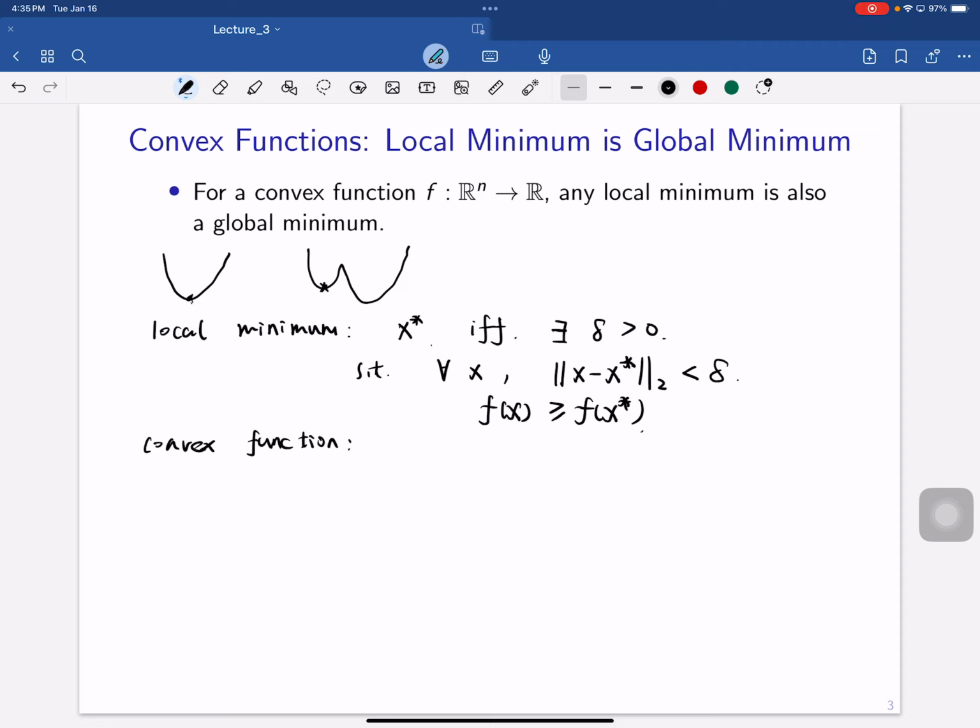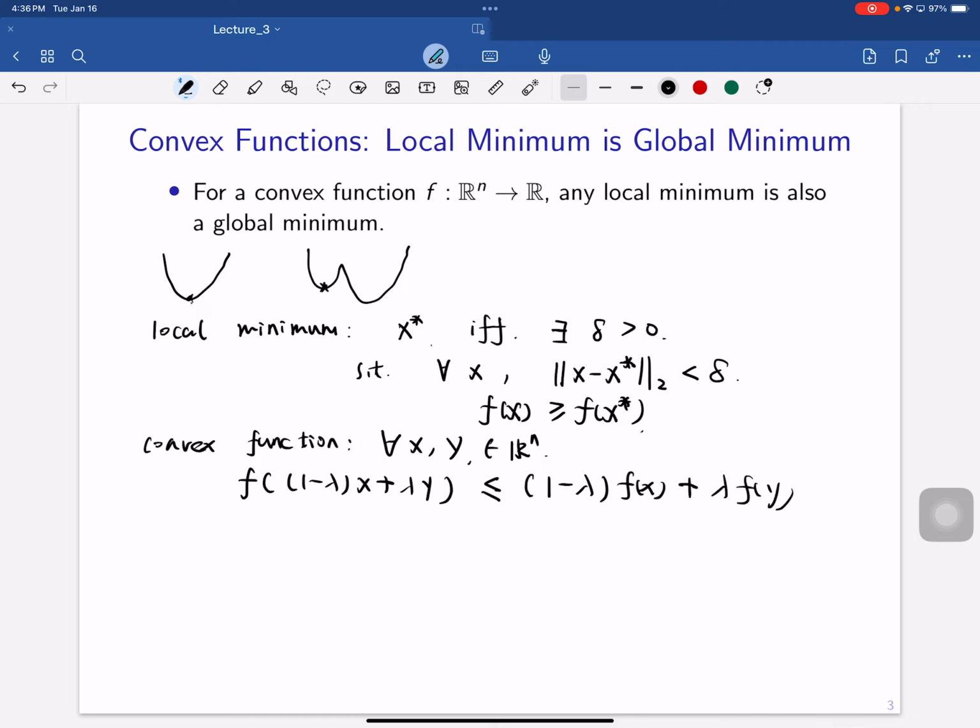If f is a convex function, then if we pick any x and y in Rn, the following holds: if you take the convex combination of x and y, f of theta x plus 1 minus theta y is less than or equal to the convex combination of f of x and f of y. Essentially, if you have a convex function and you draw a line between any 2 points, it's always above the function, right? Intuitively, it's like that.